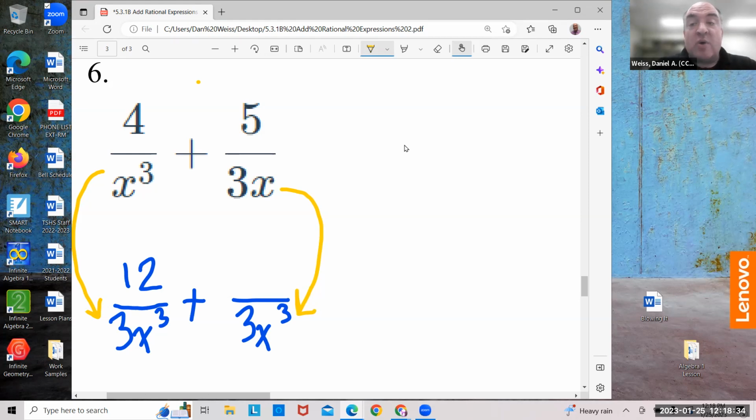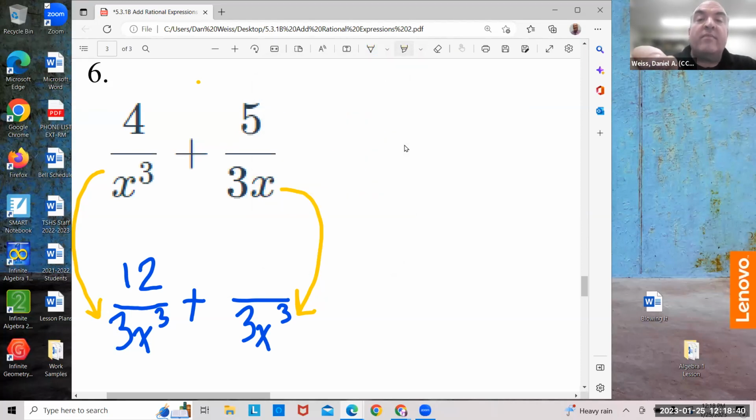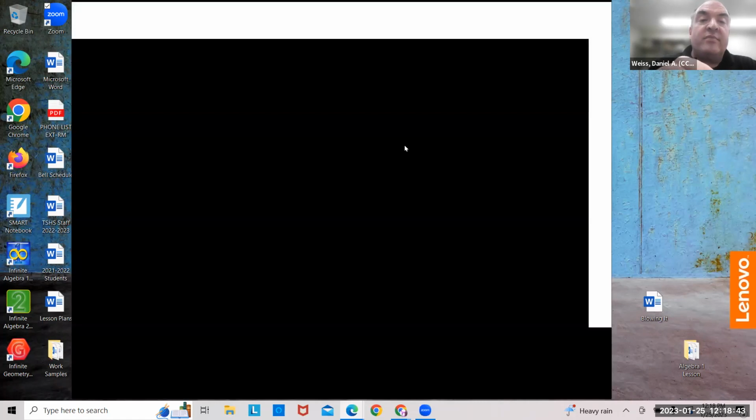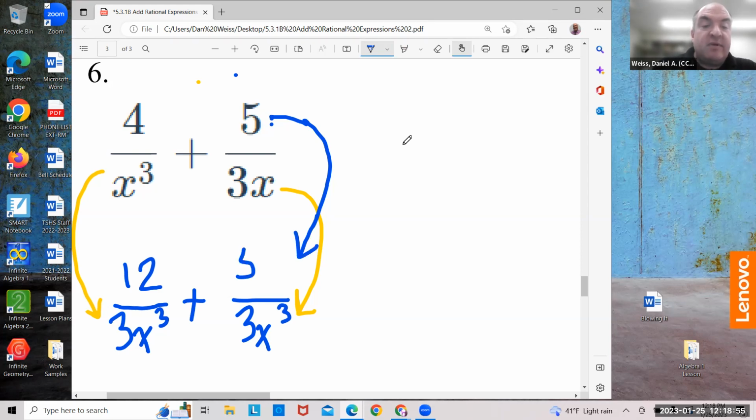How about x squared? X to the second. So 5 times x to the second makes 5x to the second.